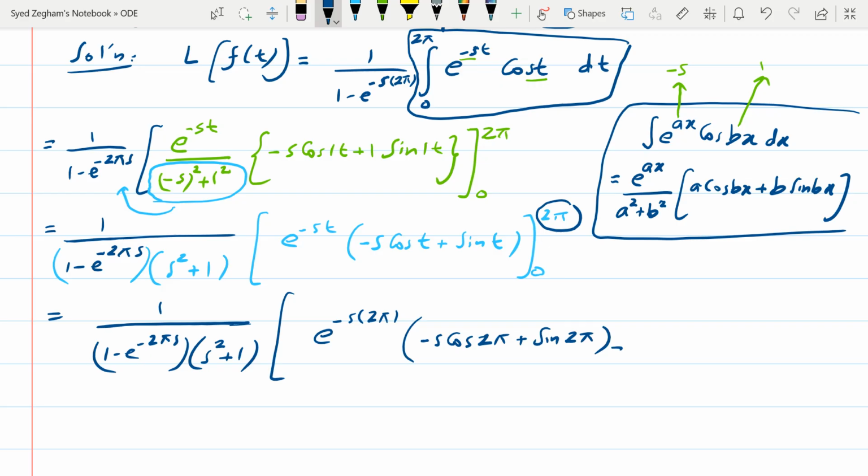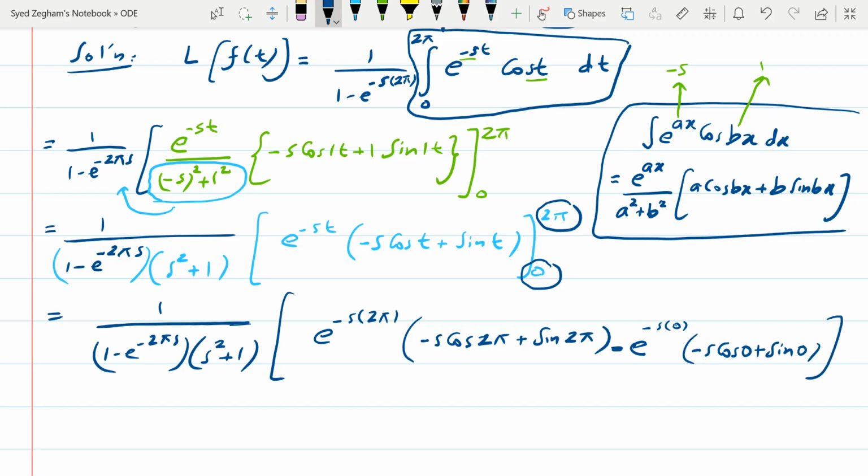Then we will put t equal to 0. So this gives us e to the power minus s times 0. Let me write in this form. In the next step, we will put all the values. Then minus s cosine 0 plus sine 0, bracket closed.